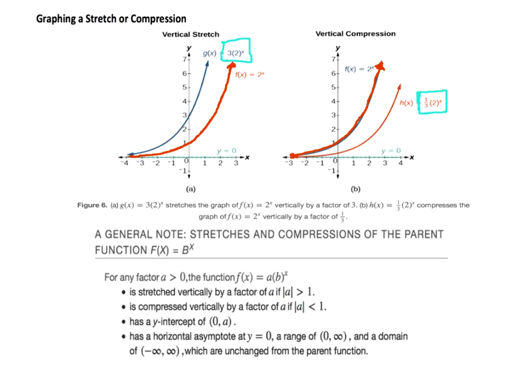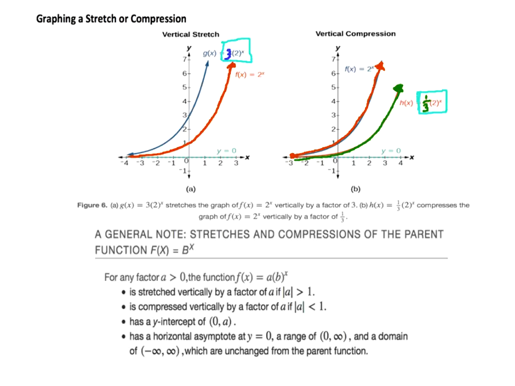And then our compressed function here. So that's a 1/3. So that's between 0 and 1. And this is a 3, which is greater than 1.